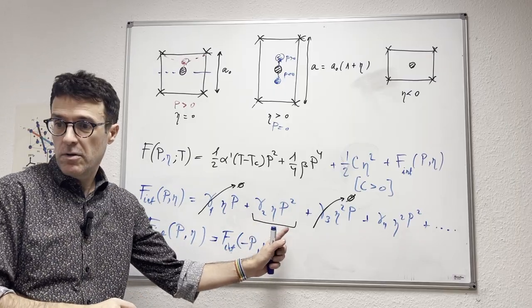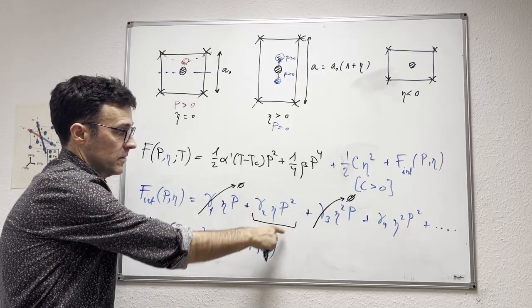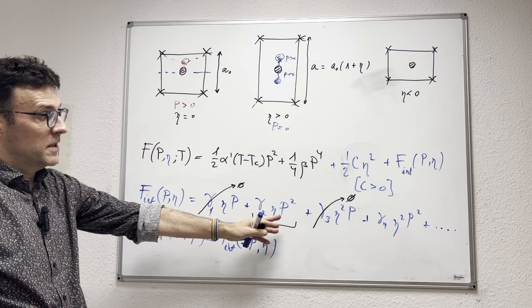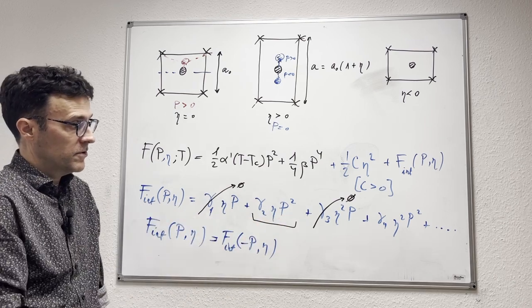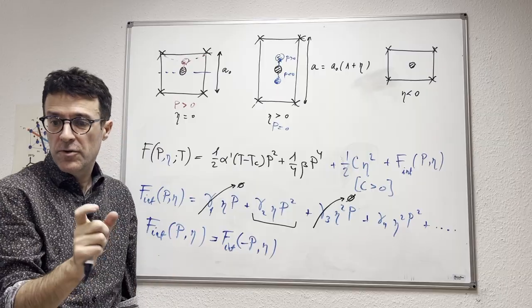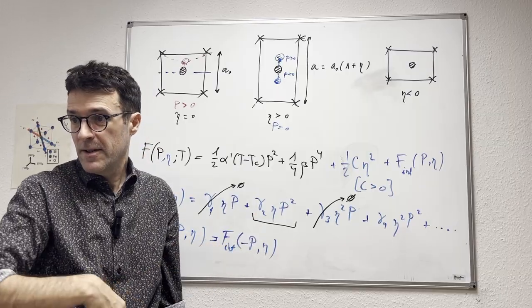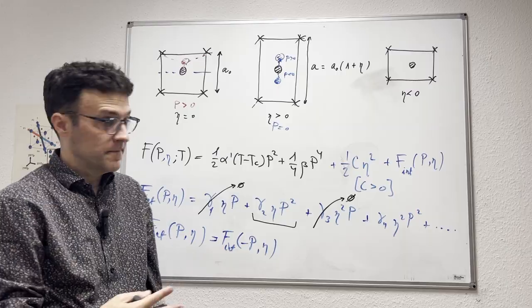So this term is fine. Whatever we do to the system, change the sign of P, eta cannot change. The combination eta times P squared continues to have the same value. So it contributes in the same way to the energy. So it's perfectly okay.